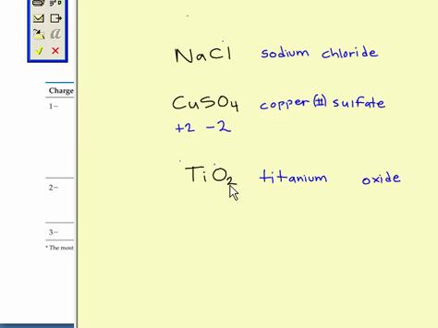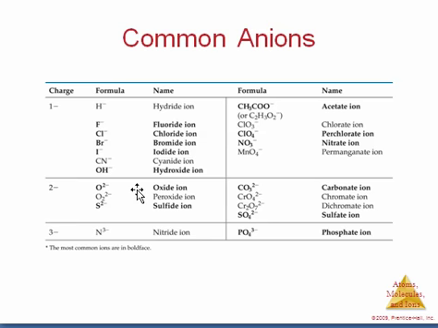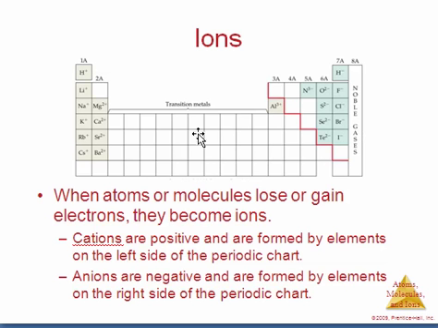That was oxide. And then, because titanium has a variable charge, it's not an alkali metal, it's not an alkaline earth, it's not zinc, silver, or cadmium, we've got to figure out what its charge is. And we do that by looking at our anion. Oxide always has a -2 charge, and we can also remember that by looking at the periodic table.